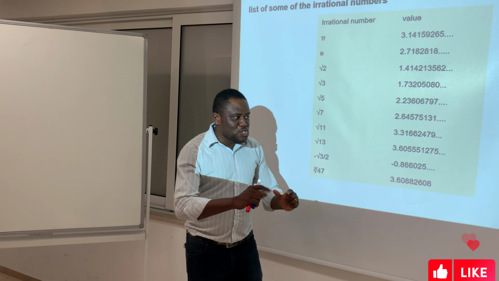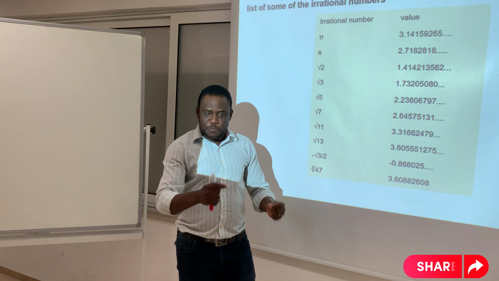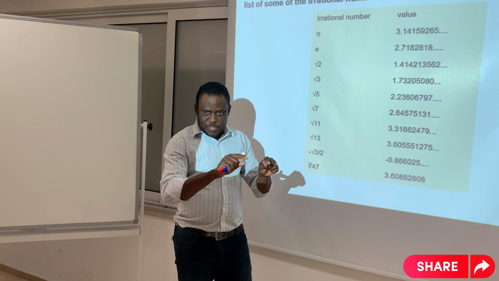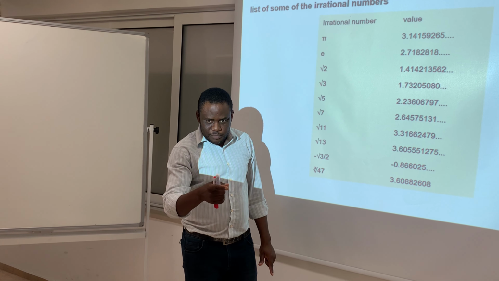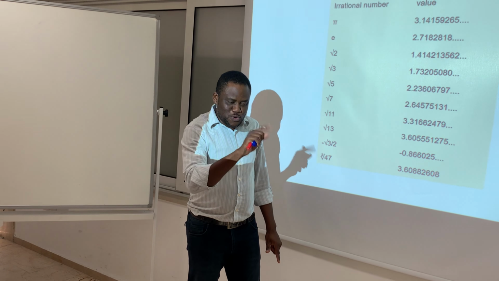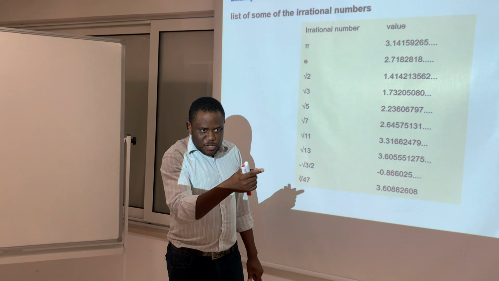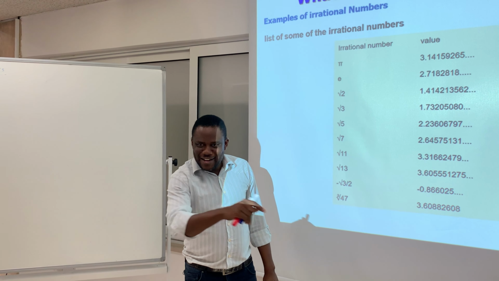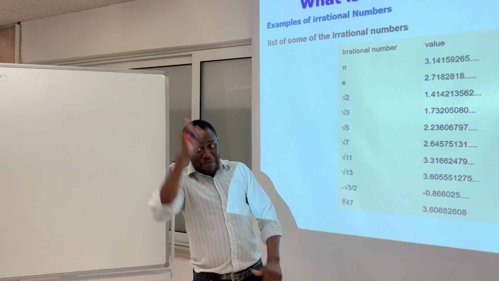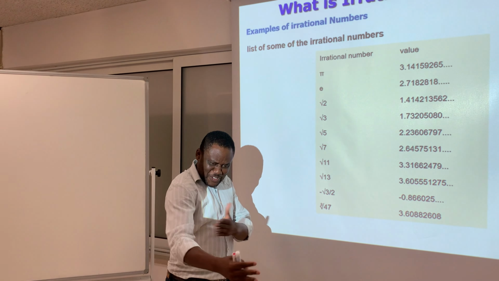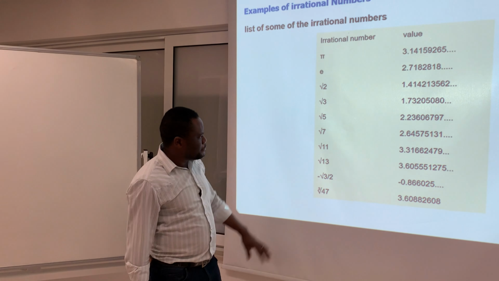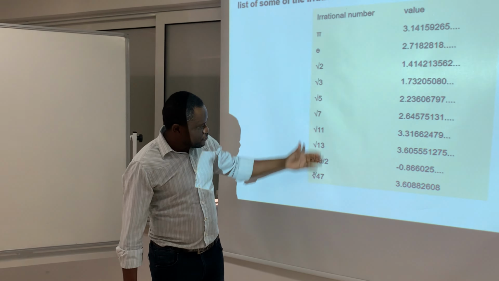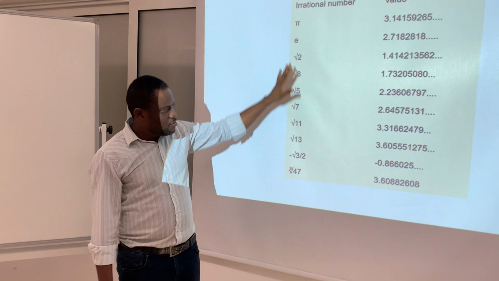Anything for which you cannot find a proper whole number result is called irrational. Which means the roots of prime numbers are irrational. Remember prime numbers? You see, connectivity of mathematics is very important. So we have a lot of them.